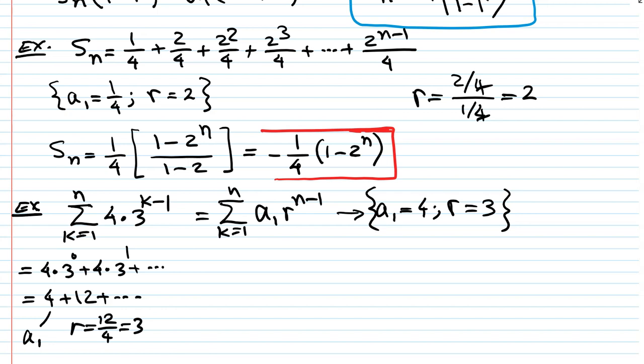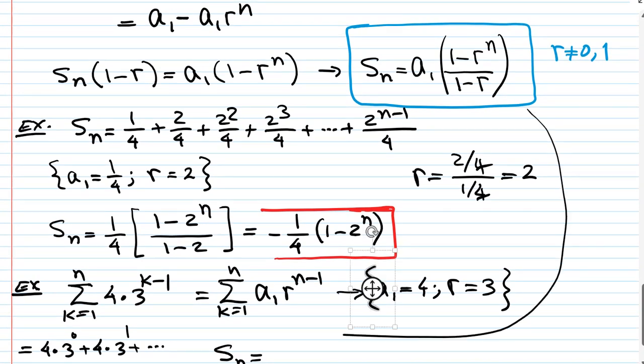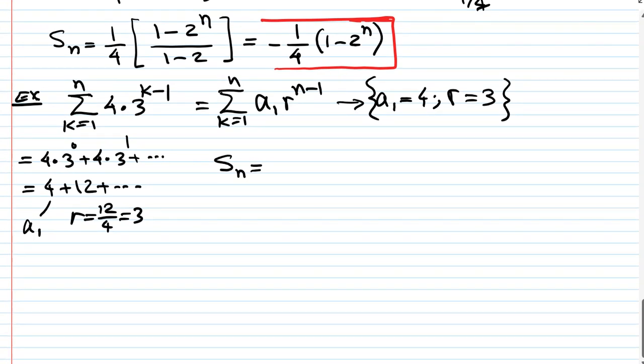So however you do it, we're going to now be able to find the nth partial sum, S sub n, is equal to, and I'm doing this formula, first term times, within parentheses, 1 minus r to the n over 1 minus r.